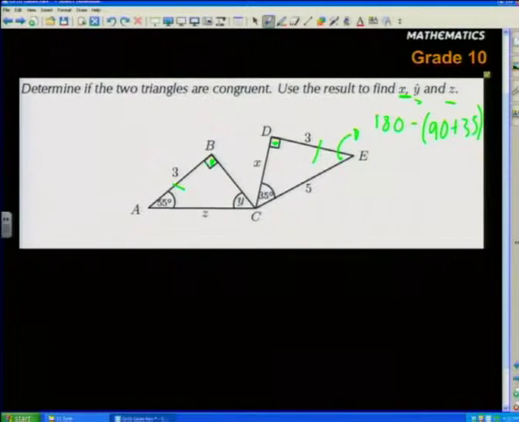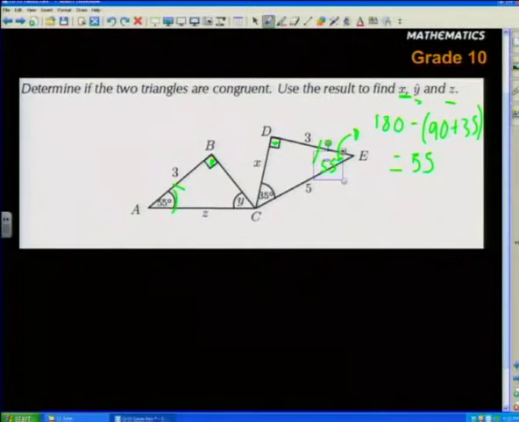And you can do that on your calculator and you'll get an answer of 55 degrees. So therefore angle E is 55. So why did I need to do that? That really just shows me that angle E is actually equal to angle A.